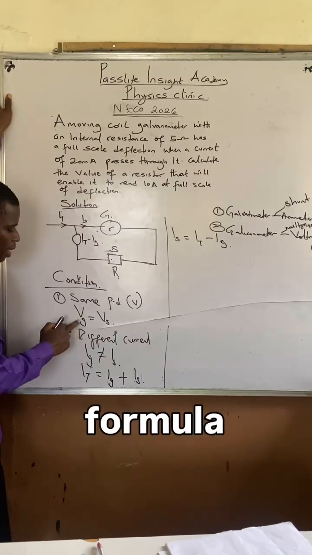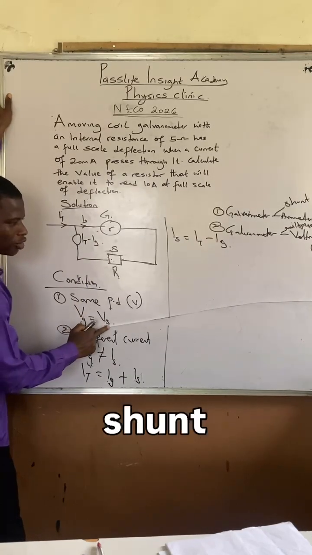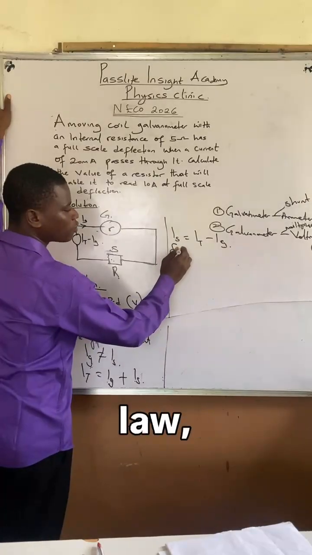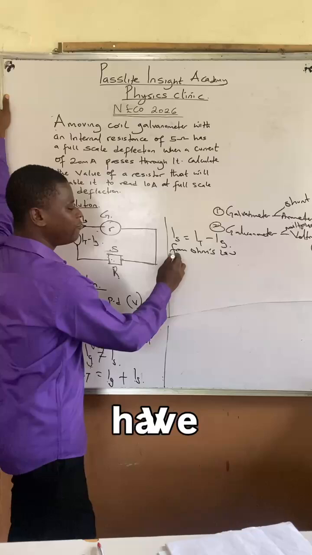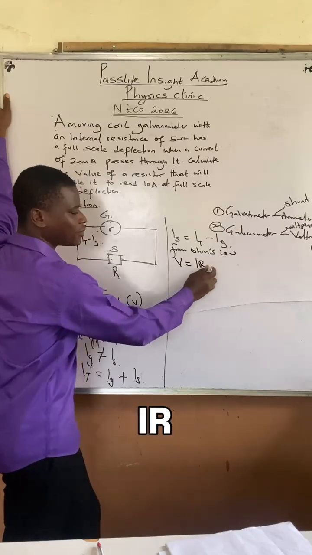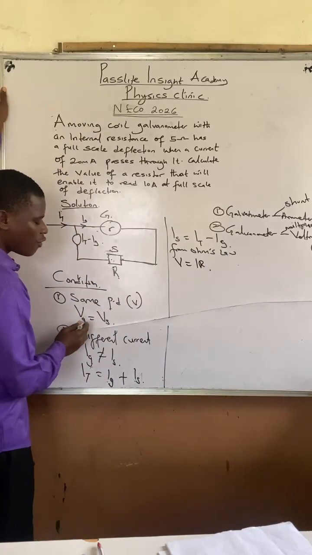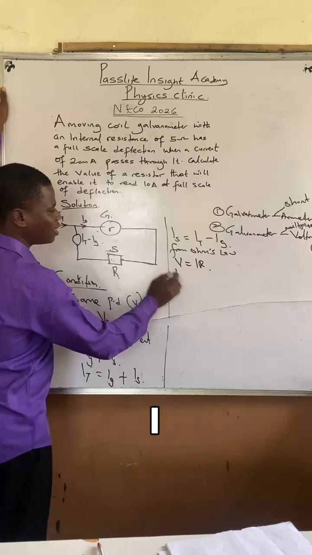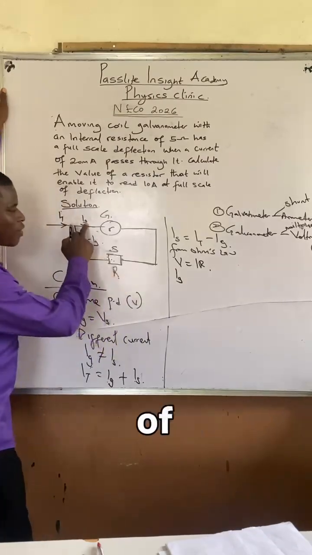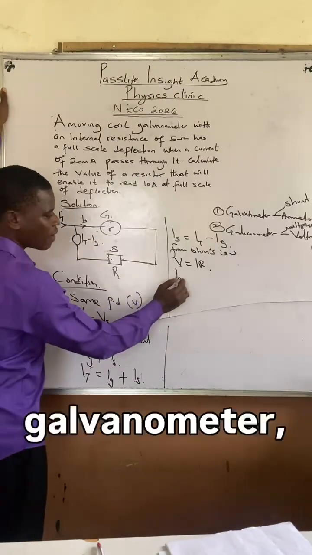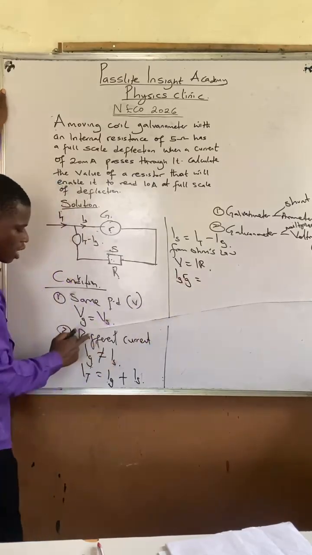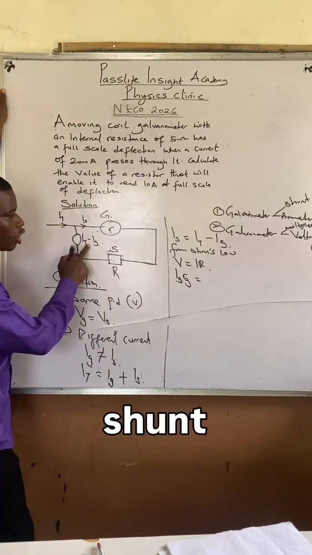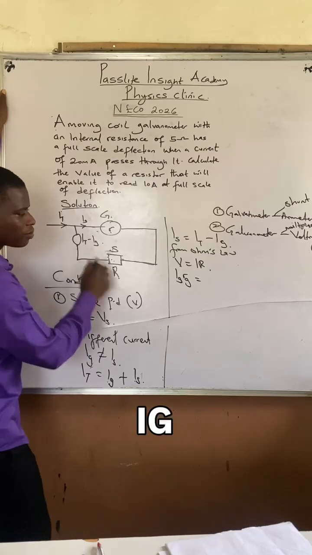Then let's go straight to the formula. V of galvanometer is equal to V of shunt. From Ohm's law, which most of us know, V is equal to IR. So I of galvanometer times small r of galvanometer equals I of shunt times capital R of shunt. But our I of shunt is I total minus IG.